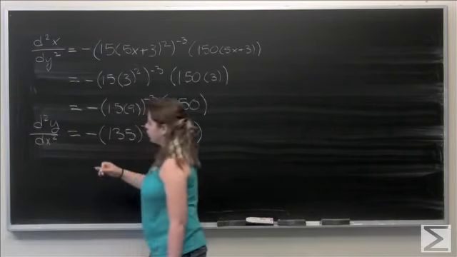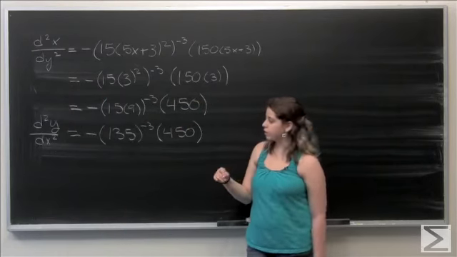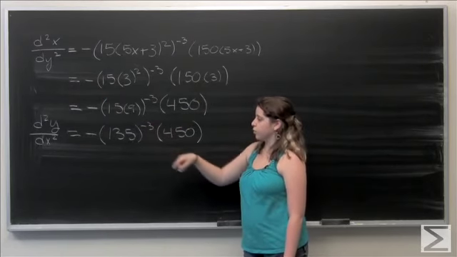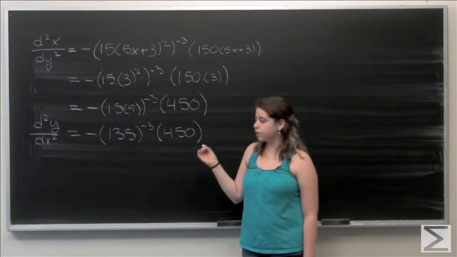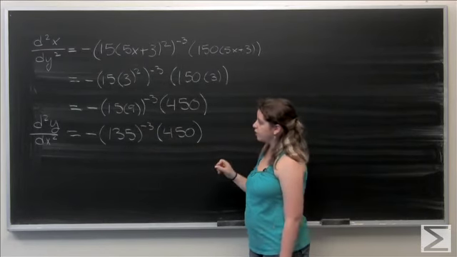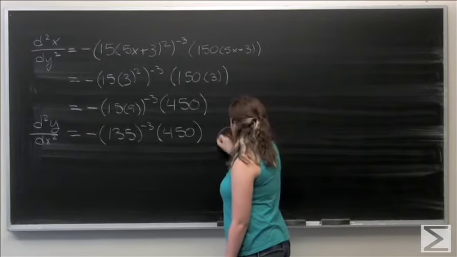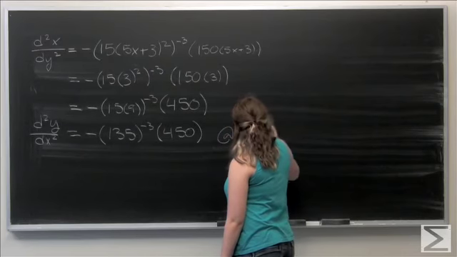So d squared y over dx squared is equal to negative 135 to the negative third times 450 at y equals 27.